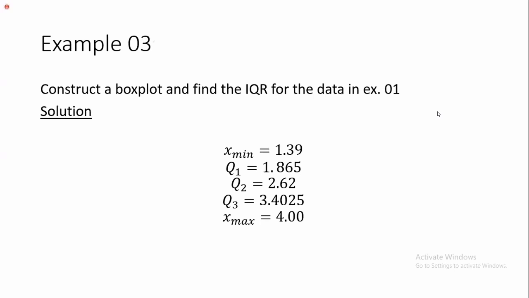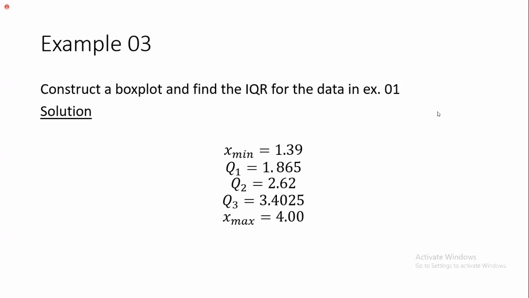So consider this example. You have to construct a box plot and find the IQR for the data set we considered in the previous example last week. Here I have given you those 5 measures. I'm not going to calculate those values again.